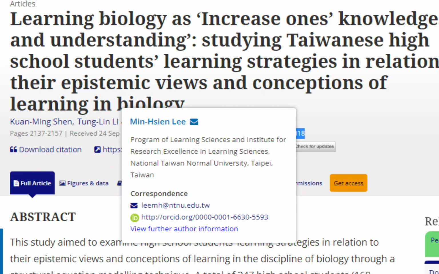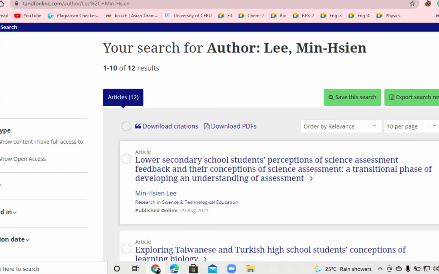As you can see, as I place my arrow keys on each of their names, there are labels that pop up. And if you click under their name, a series of information can be revealed, which we can assure that they are credible. And therefore, we can conclude that this source has definitely passed the third criteria, authority.